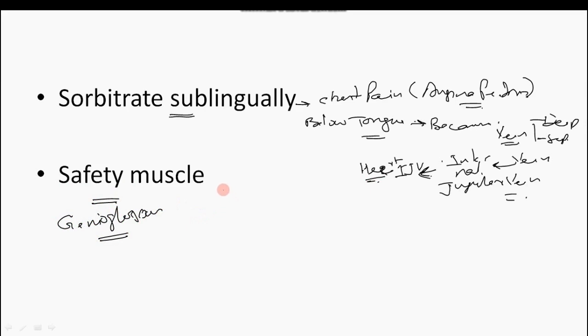You have seen in the lecture of the submandibular region, where I explained the tongue, that this muscle, the genioglossus, attaches here at this point of the mandible, which is known as the genial tubercle.